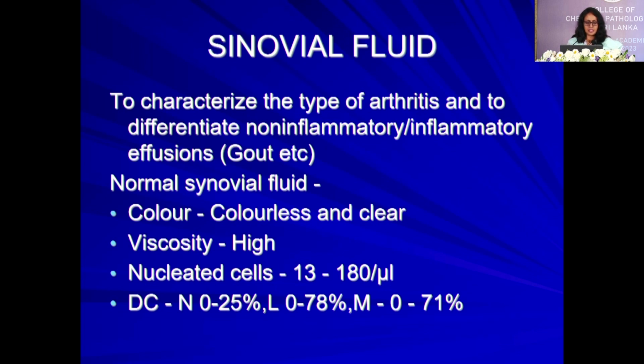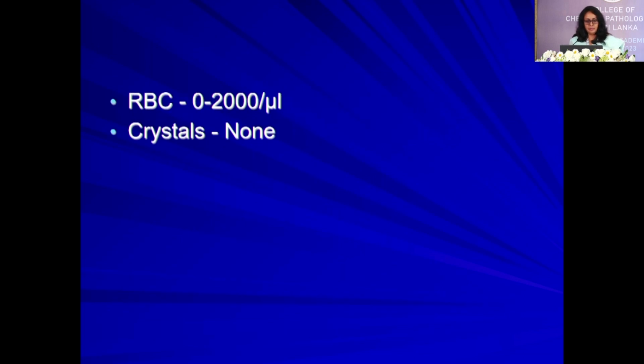There are nucleated cells ranging from 13 to 180 per microliter, and the differential count can be neutrophils 0 to 25%, lymphocytes 0 to 78%, and monocytes 0 to 71%. Red blood cells can be 0 to 2000 per microliter, and there are no crystals in a normal synovial fluid.